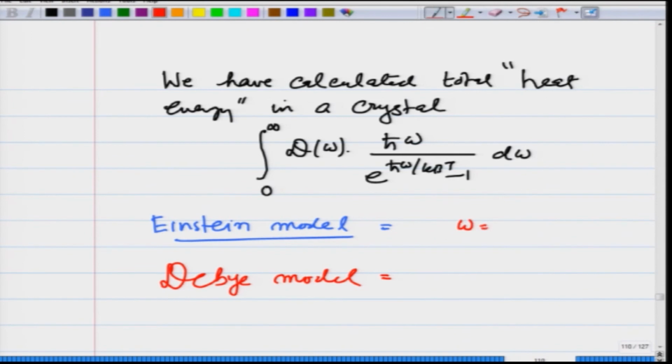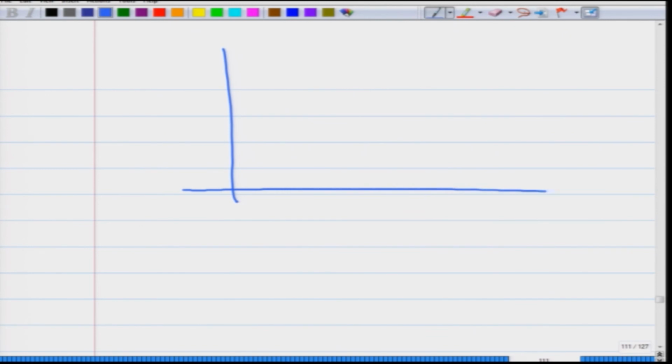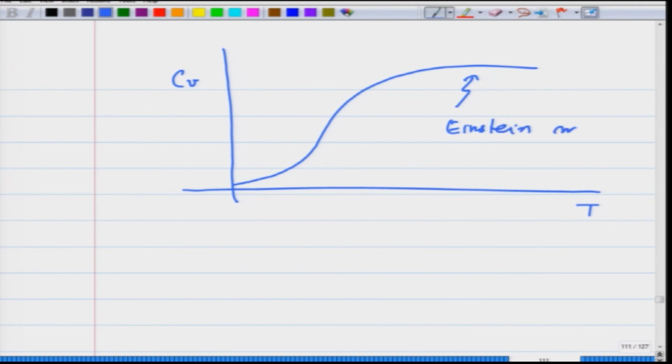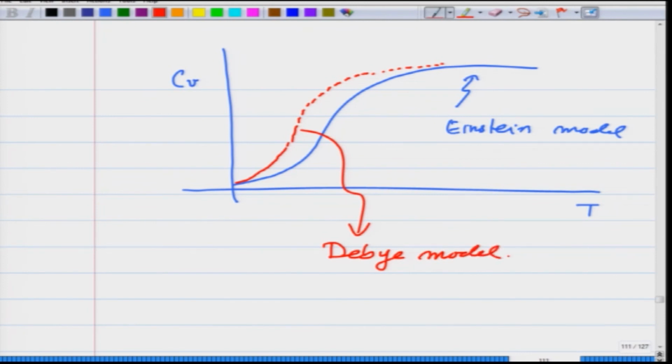So, here omega is a constant, here omega_k depends on the material, on k as omega_k equals V_s k, and we have found that C_V as a function of temperature goes exponentially down in Einstein model, and as T cubed in Debye model, and both go to 3R in the large limit, and this matches with experiments.